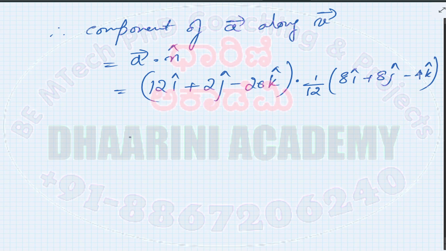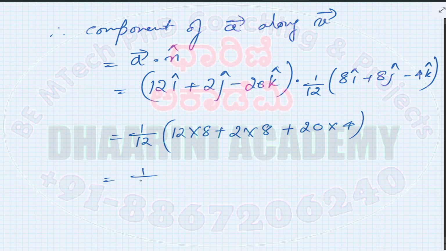So this is equal to, I'll write the 1 by 12 outside. We multiply the components of i together, that is 12 into 8, plus next 2 into 8, minus of minus is plus 20 into 4. So you can see this is 1 by 12 into, this is 96, this is 16, this is 80.